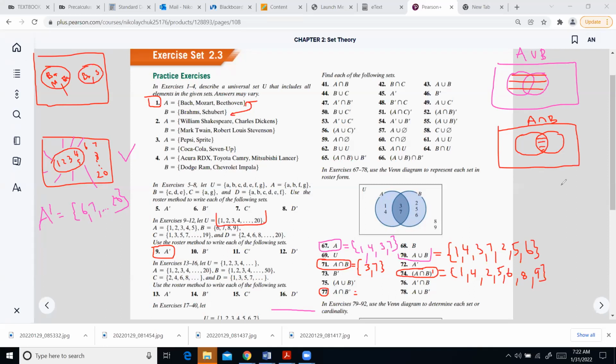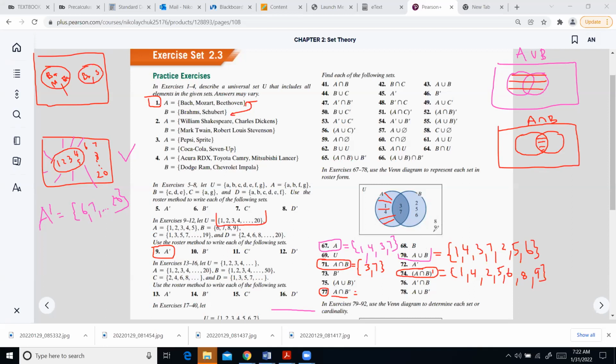Intersection. But how about if I try to intersect A with not B? How would that look like? Well, the answer is I need to look at everything that is in A, but outside of set B.